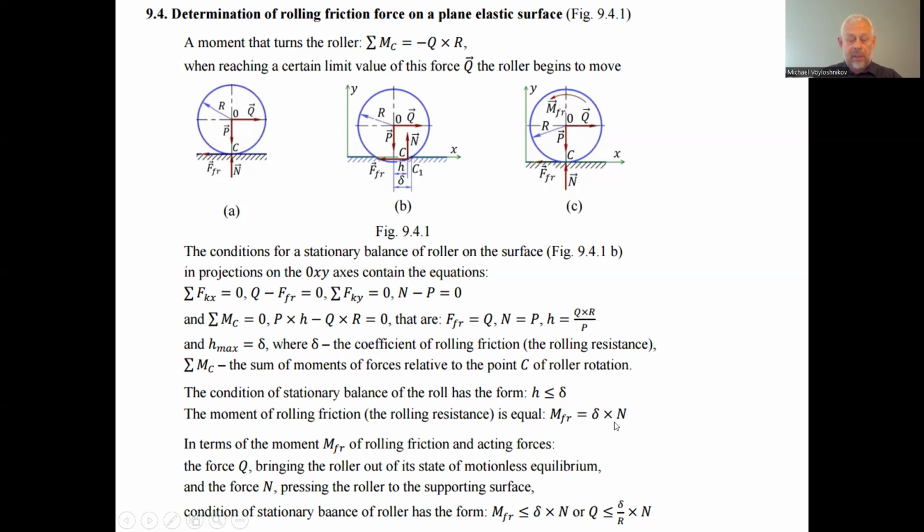We have to multiply the arm by the coefficient multiplied by the force to have the moment of the resistance. Then the transverse force has to be in proportion to the arm of the application of this force, R, the radius of the wheel. And delta is the displacement of the point of the application of the force due to the deformation of the support and the wheel.